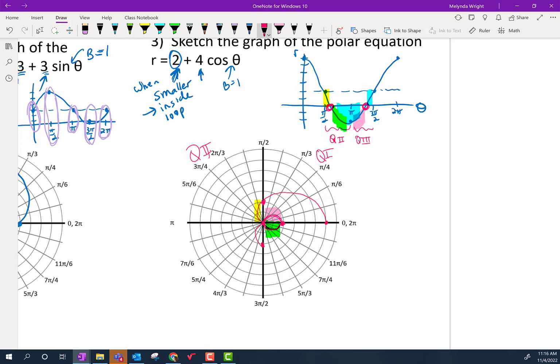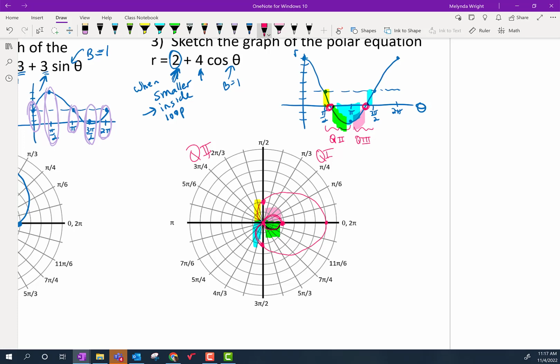So that's this piece right here. It's all color-coded for you. Yay. Y'all are like, please stop with the color coding. It's okay. You don't need to remember any of that. I just want you to know where everything comes from. And then when we're back at 2 pi, we are back at, what was that, 6? So it takes us back along.